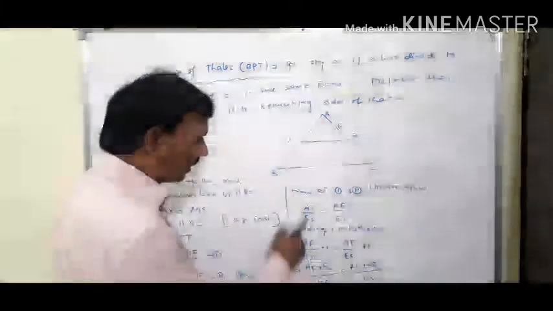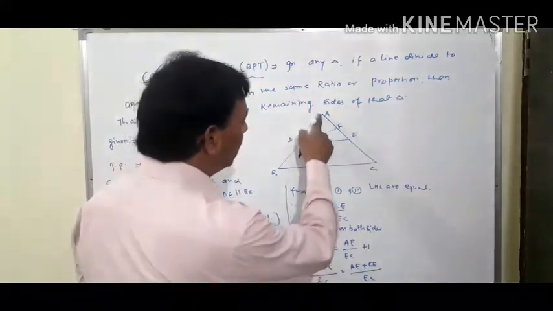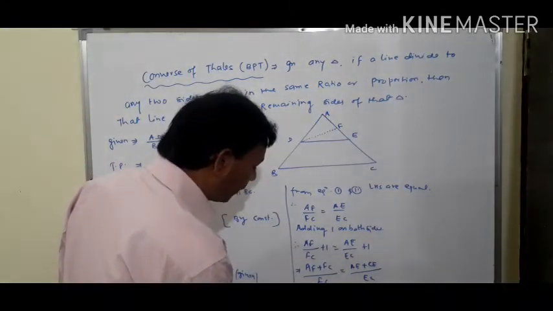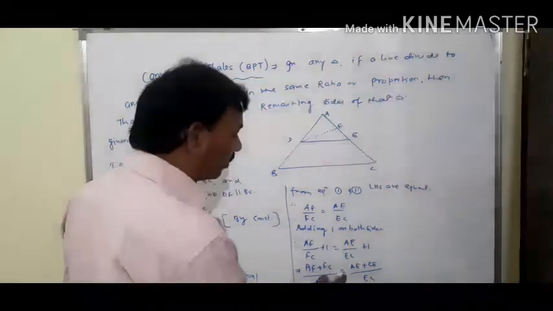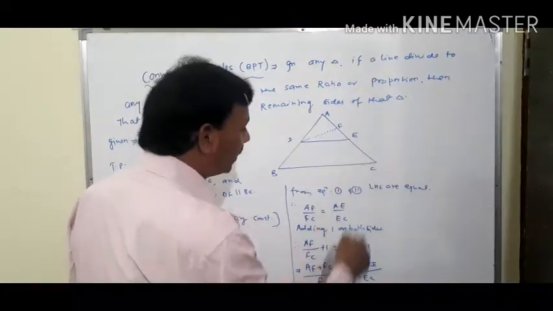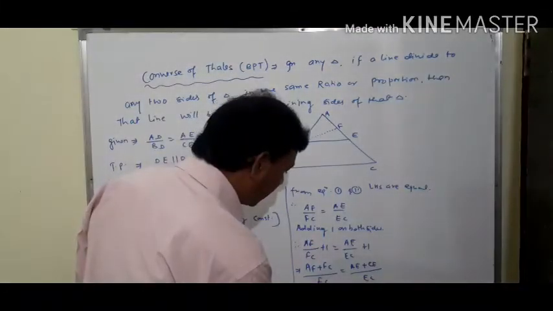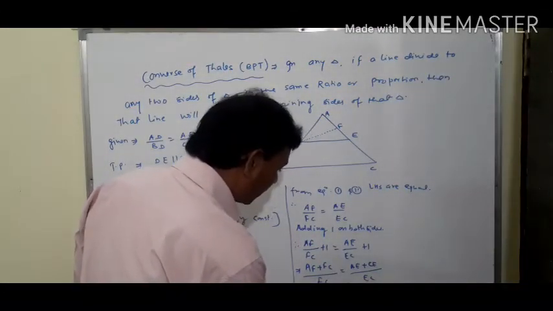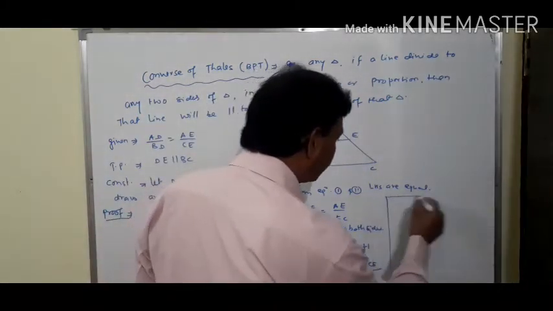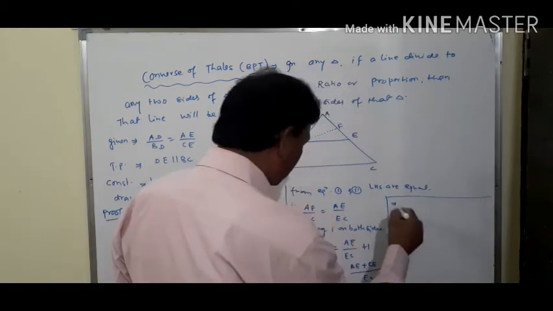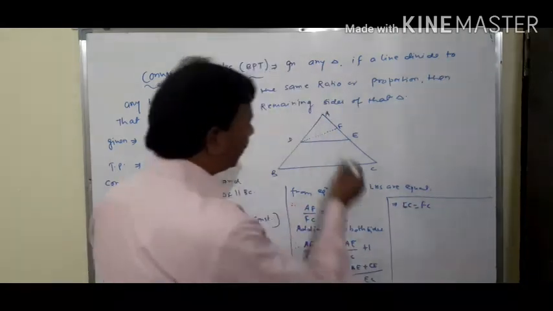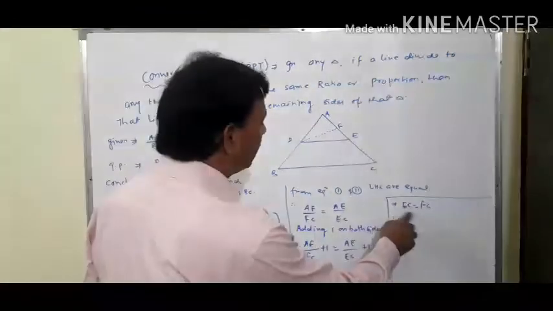As you see in the figure, AF plus FC equal to AC, and AE plus EC equal to AC, so this is AC upon FC equal to AC upon EC. AC and AC will be cancelled. Therefore, EC equal to FC.